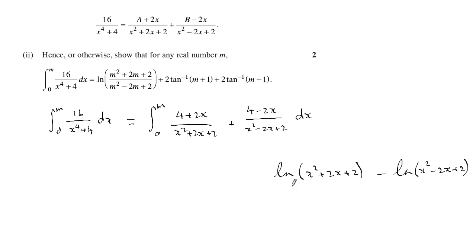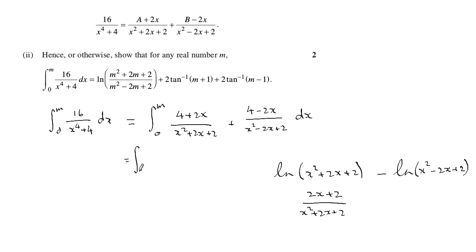So let's think about what the derivative of this is. This one would be 2x plus 2 over x squared plus 2x plus 2, because that's the derivative of that. But we don't have 2x plus 2 here, we have 2x plus 4. So let's think about how we're going to get a 2x plus 2.